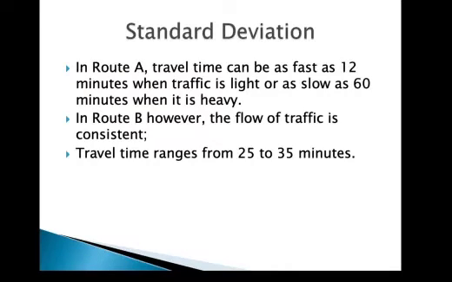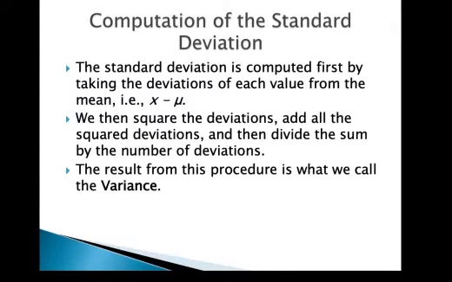In route B, the standard deviation is much lower. The standard deviation, class, is a measure of how variable, how consistent data are. Now, let's show you how we calculate the standard deviation manually, so you'll be able to understand more clearly the meaning of the standard deviation.